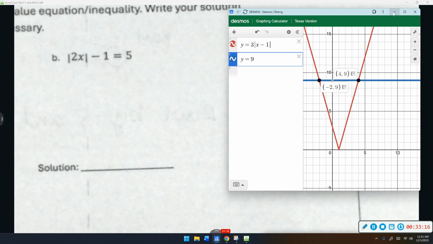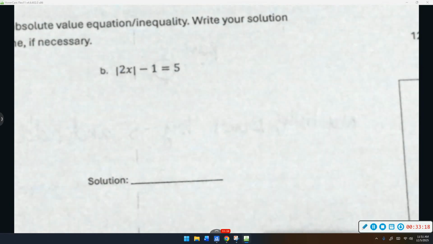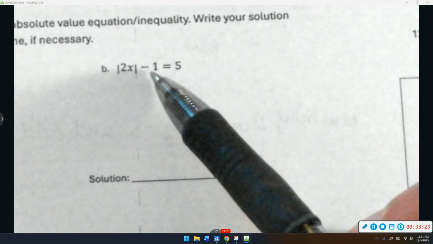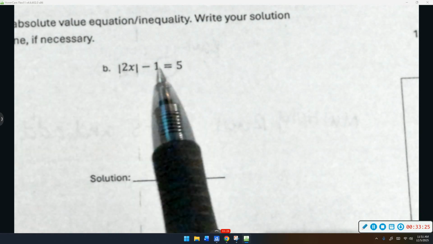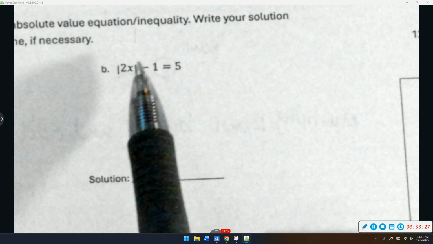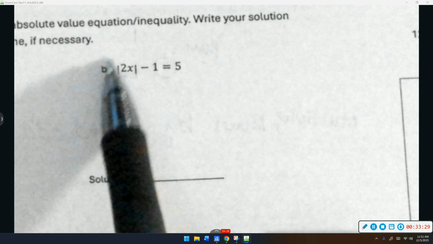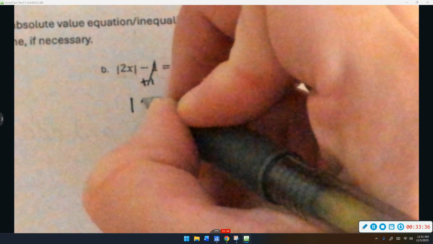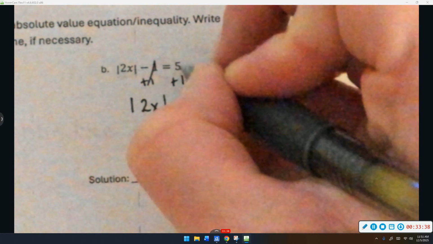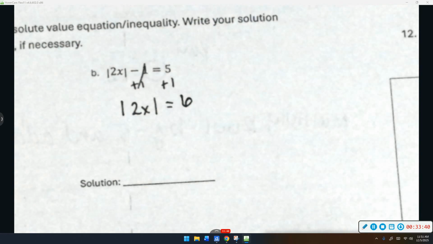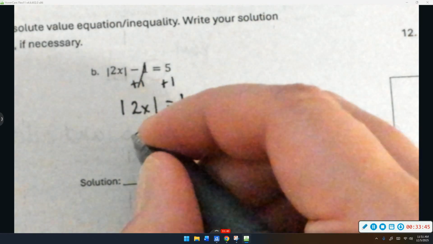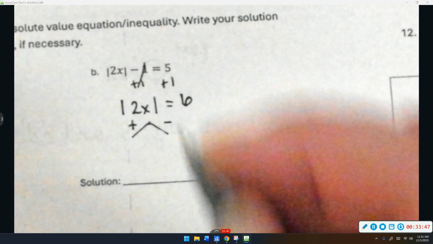All right, let's do this one algebraically. This one's an equation. If we remember how to do these, I can just type this in as well, but I'm actually going to show you how to do this one. We isolate the absolute value, so I don't split yet, I add 1. So the absolute value of 2x equals 5 plus 1, which is 6. Now that my absolute value is isolated, I split into positive and negative paths.